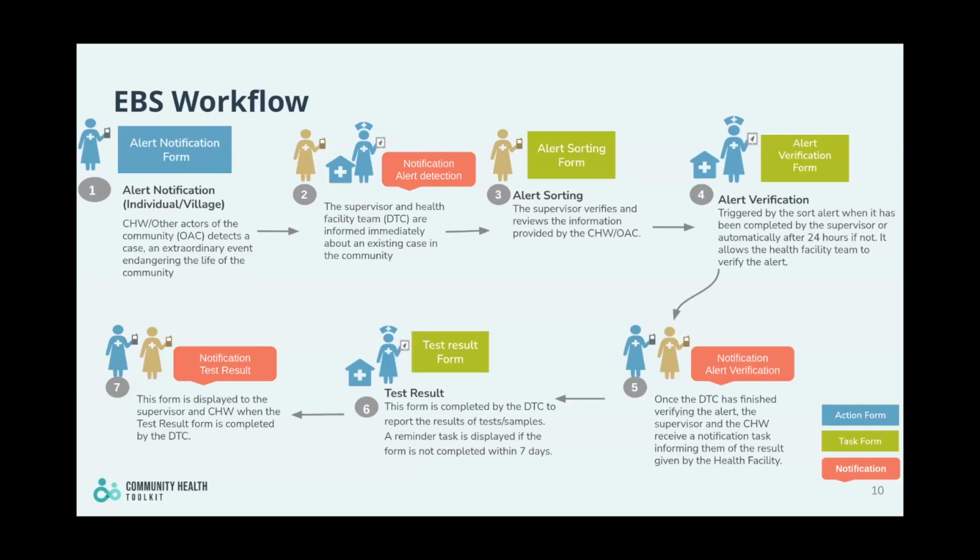Once he has done some investigation and has all the results, he will fill in the form in order to inform the other actors at step 7 about the result and give them some advice on what they can do. So that is the process.